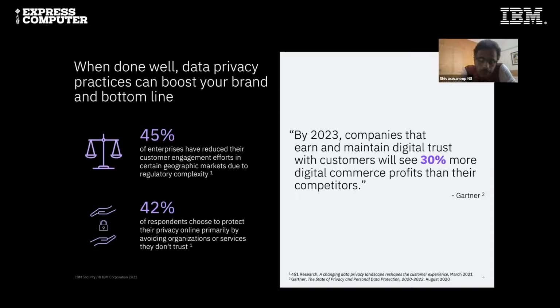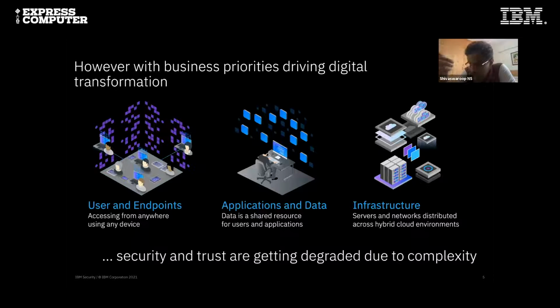Now, with this as the context as to why data privacy is important, and what happens if these requirements are not adhered to, we now get into what it takes to make this happen. What does it take to ensure data privacy?